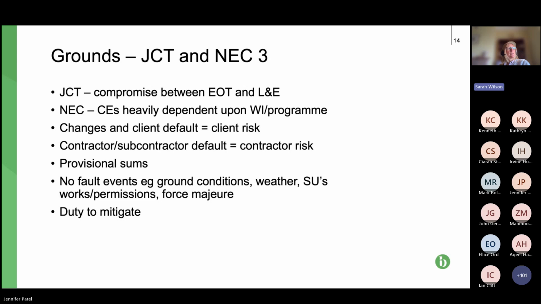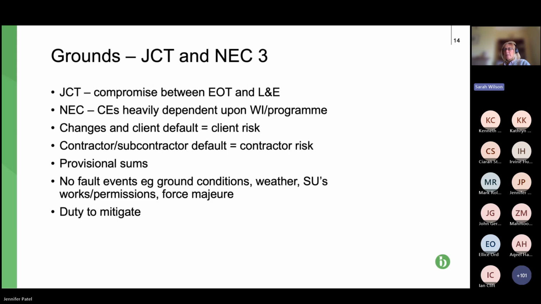Now, note that in terms of these amendments that we're now seeing to NEC, quite a lot of them are using it to adopt that sort of compromise situation that we have with JCT.